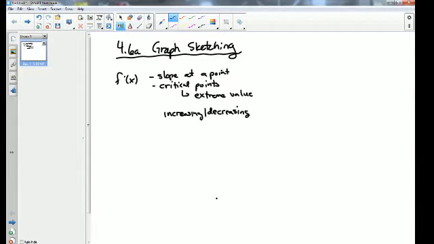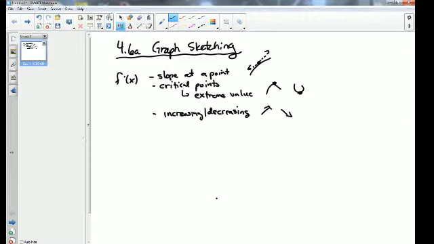So that's the derivative and what it can give us, right? Increasing or decreasing, we can do min or max. We can do the slope at a point. Tangent lines, all that stuff, right? Okay, so you have learned it, maybe not have it mastered yet, but we've learned it.